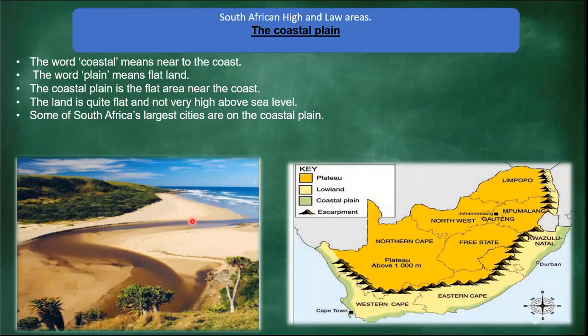The South African cities that are on the coastal plain that you know. Lisedi on the group chat says Cape Town. That's correct. Who else? What are the other large cities that you know?